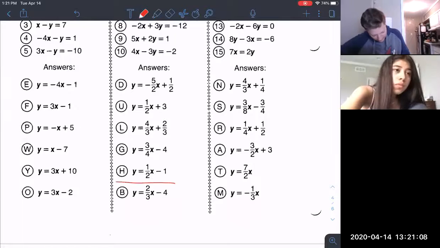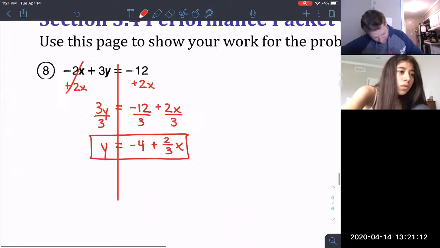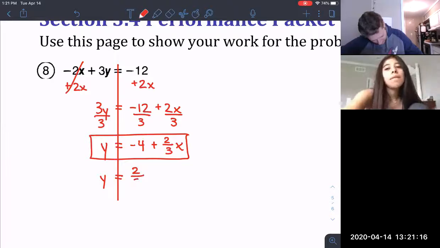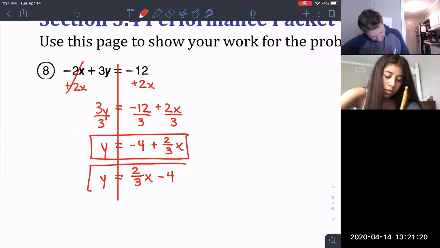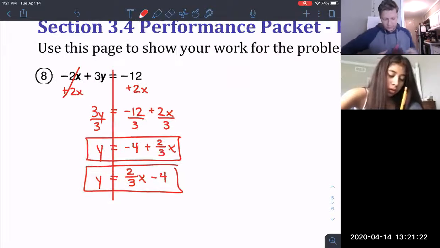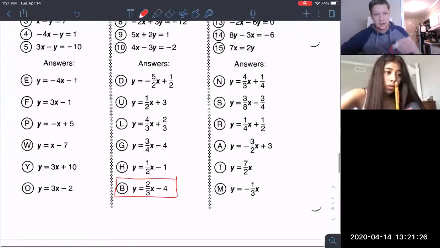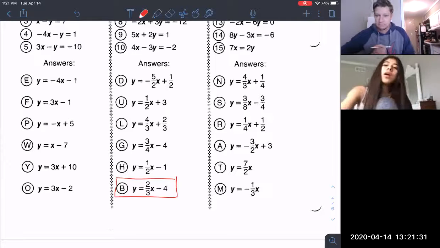This is our answer, but it doesn't look exactly like what we have because you can switch these terms around. So if we put the positive 2/3 x first and then the negative 4 second, that's really what we're looking for there. So just make sure that in order for your answers to match up with what they have down here, your x term always comes first and your constant term is always second.